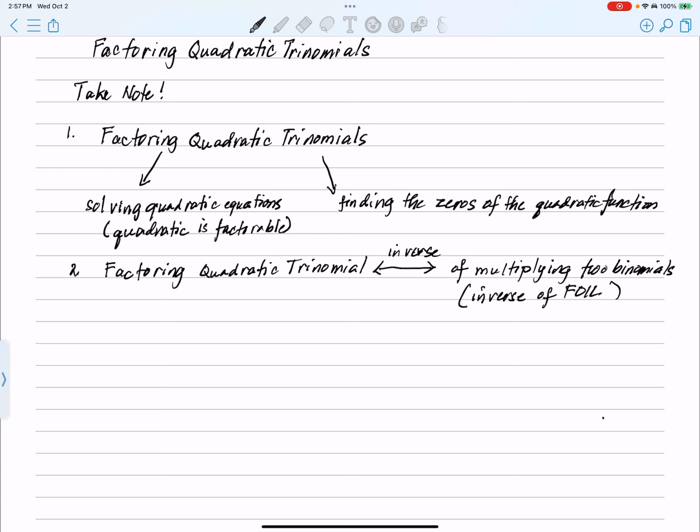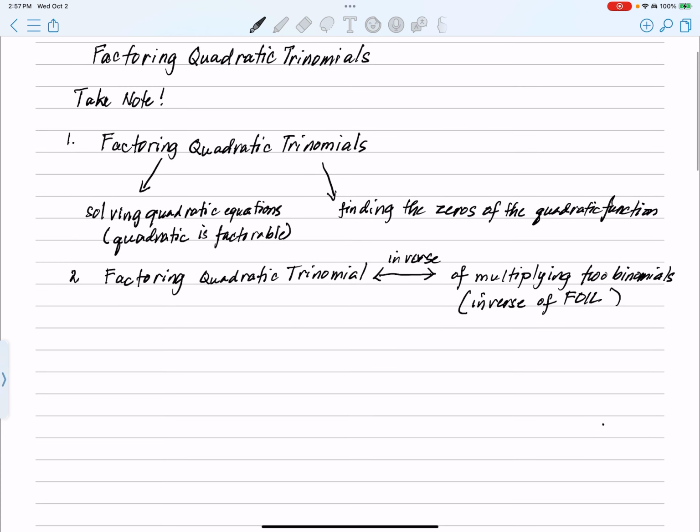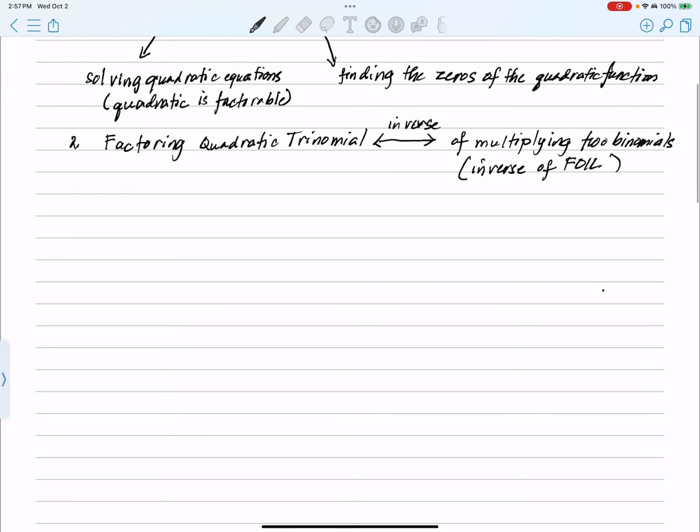I showed you in my previous video how you're going to multiply two binomials by using FOIL. Now today, we are going to go over what we have learned in the previous video and see what's going to happen.